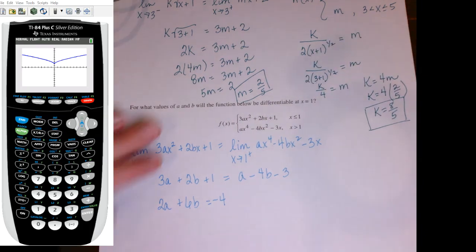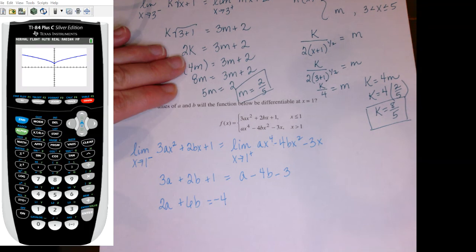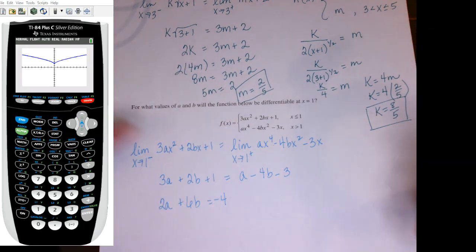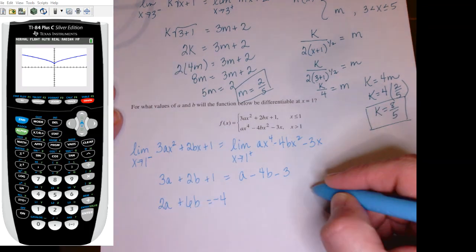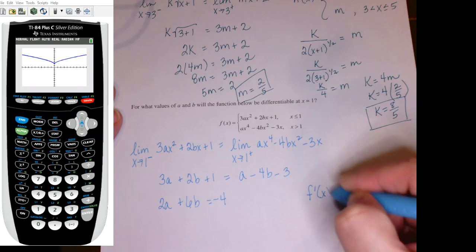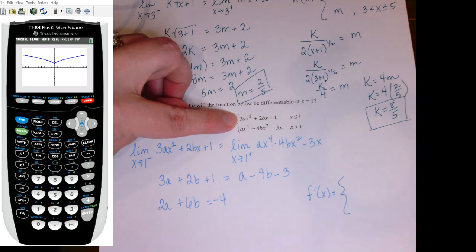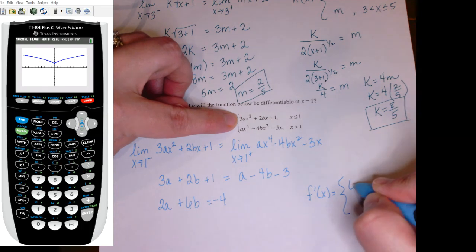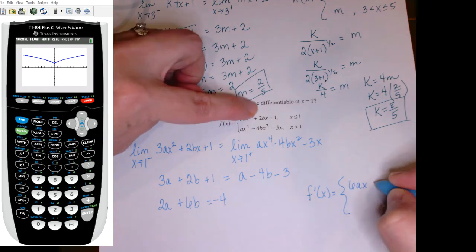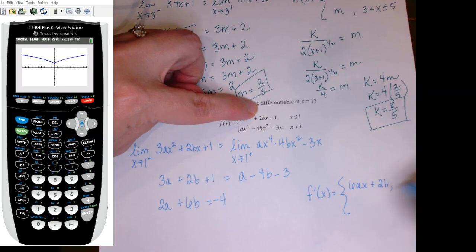So I've got my equation very much like I did in the previous problem. Now I'm going to go use the derivative piece. So I know that f prime of x would be, take the derivative of each piece. The derivative of 3ax squared would give me 6ax plus 2b. That's when x is less than 1.